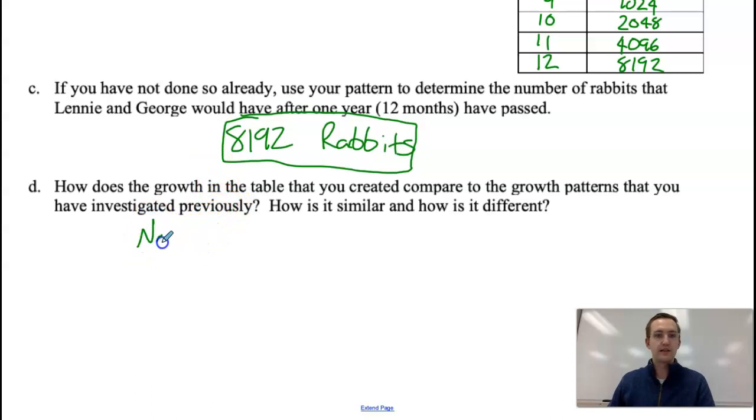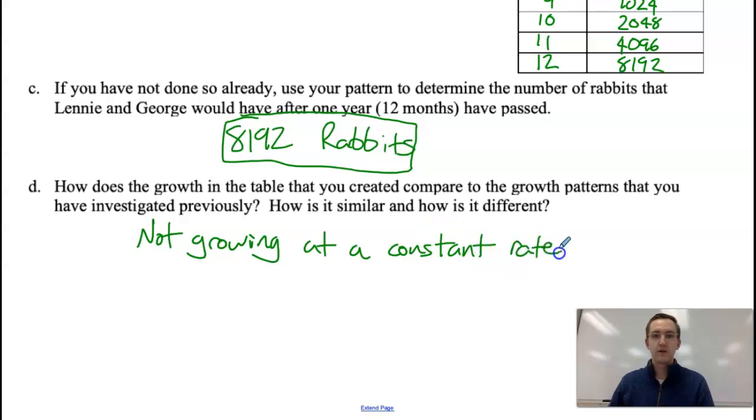We are not growing at a consistent rate. Our growth rate seems to be increasing as we go forward in time. So that growth rate increases each month.